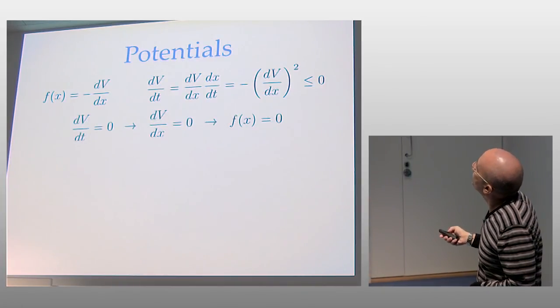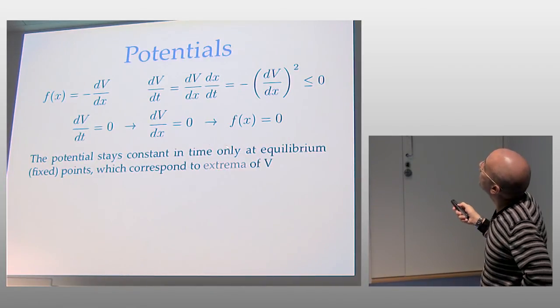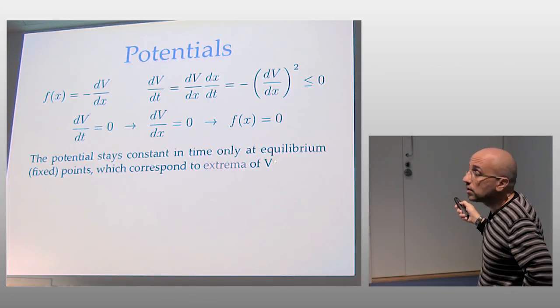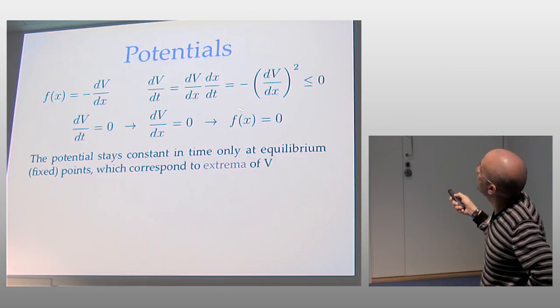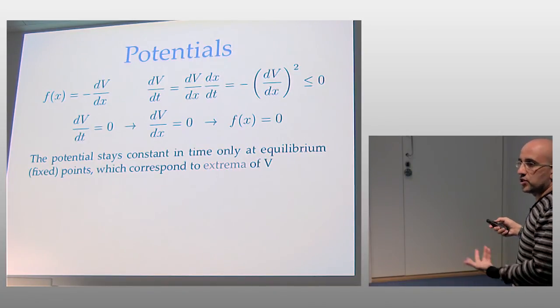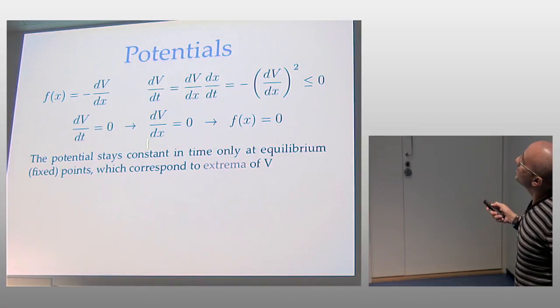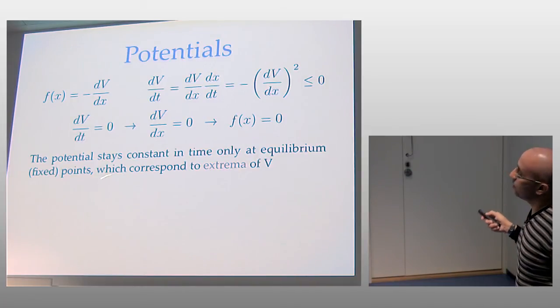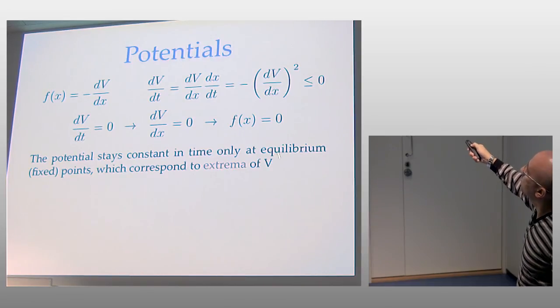So this is what I showed you before. Of course, if you have a fixed point, f of x is 0. f of x is 0 means that this derivative here is 0, because this is exactly f of x. So this is 0 too. Of course, the potential doesn't need to change there, and the particle stays there forever. So the potential stays constant in time only at equilibrium points, only at the fixed points, by construction.